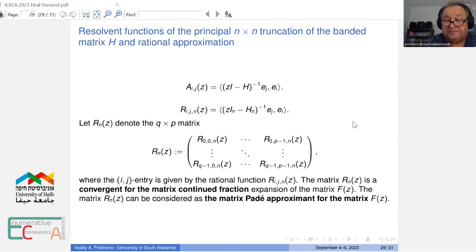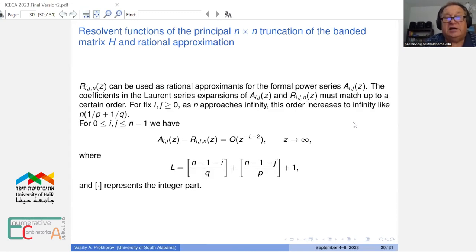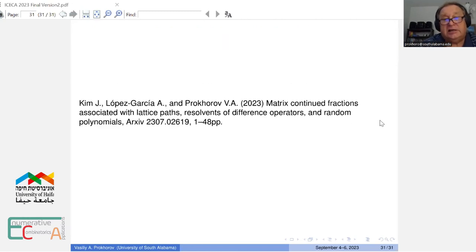This means that if you fix i and j, and n goes to infinity, the rational function Rij has as many as possible coefficients the same as Aij, and the number of common coefficients grows asymptotically like n times (1 over p plus 1 over q).